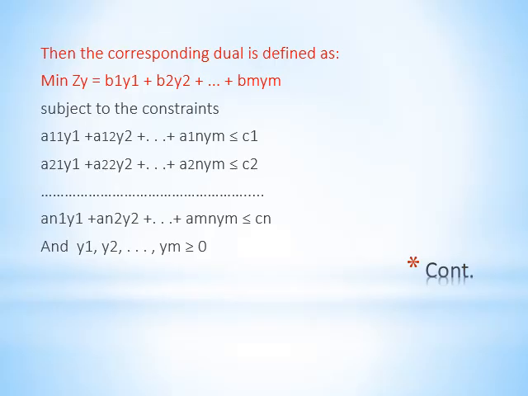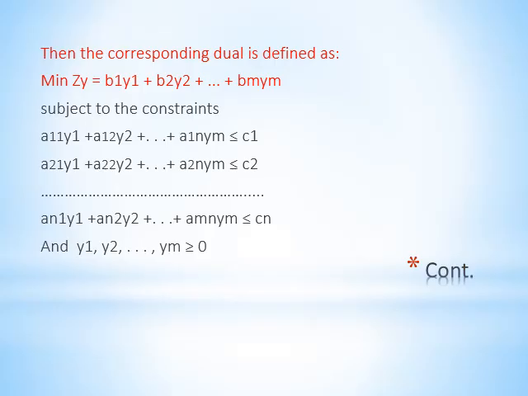Now, the coefficients of the dual objective function are the constants of the primal problem.